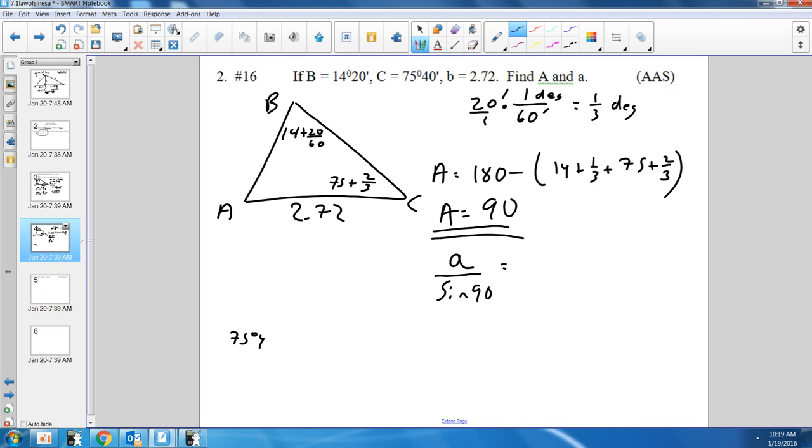These can get paired up, that's what I want to use: 2.72 over the sine of 14 plus 1/3. Sine of 90 from your trig, you should know is 1. So it's really A is equal to, you do that division and get your answer.